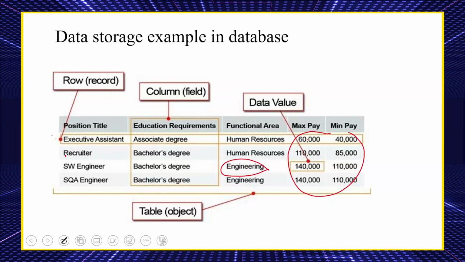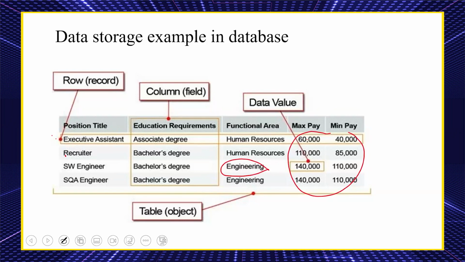So when you say collection of tables, how is the data stored in a table? What do you mean by table? A combination of rows and columns. Here I have taken some examples.